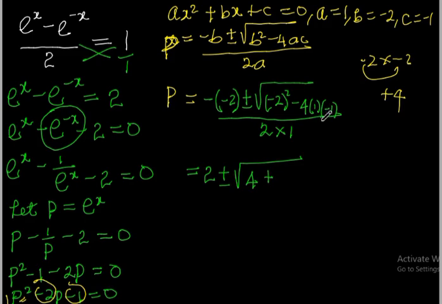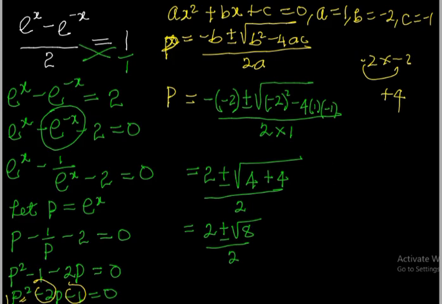Minus 4 times 1 is minus 4, multiplied by minus 1 again, we have it to be plus 4. So plus 4 all over 2, which we can write as 2 plus or minus root 8 all over 2. And of course, root 8 is something else, 2 root 2.